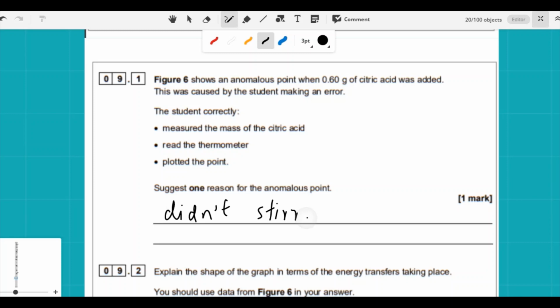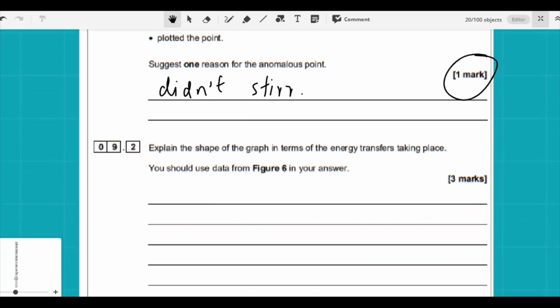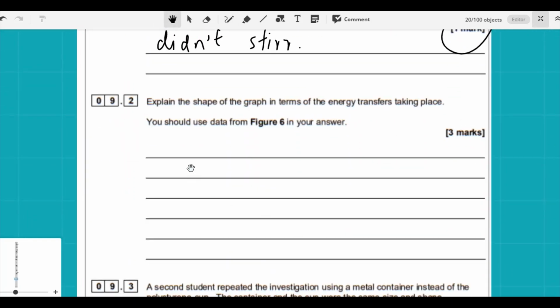That is one reason. So it allowed the temperature to be measured before the temperature stopped falling. Okay, so that is one reason, because it is a 1 mark question, so you just need to write only one reason.